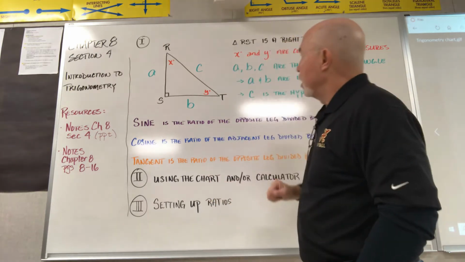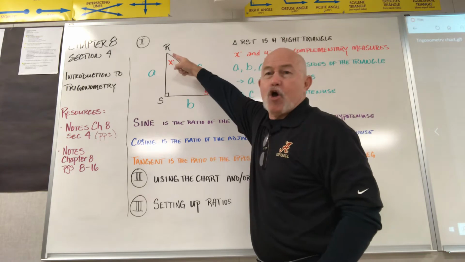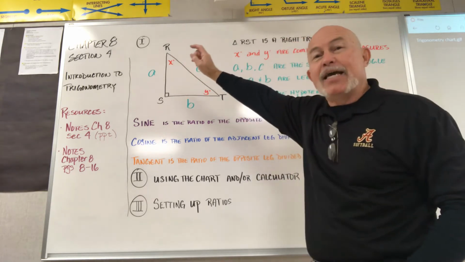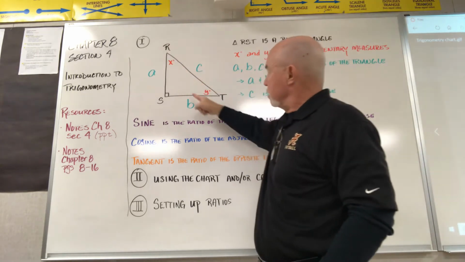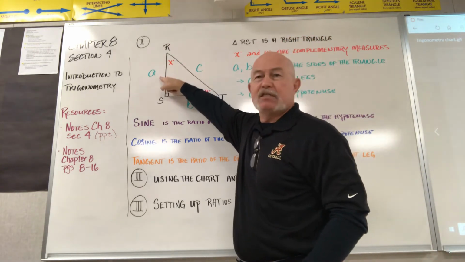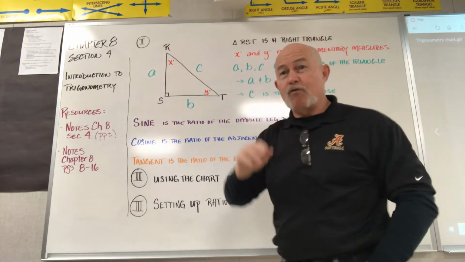If I look at it from angle R, which is X degrees, the leg that is opposite is B. The leg that is adjacent is A. Yeah, there's a little bit of overlap there.